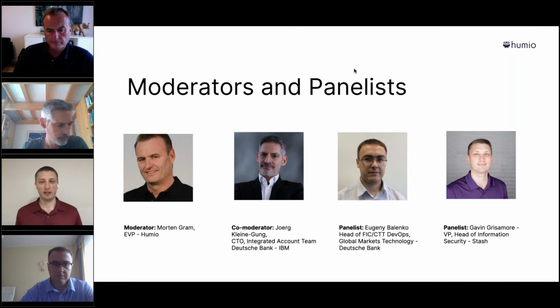So observability is very important for us in that service-oriented architecture, and it can be very challenging for our ops teams and security teams. So that's a little bit about me and Stash, and thank you.